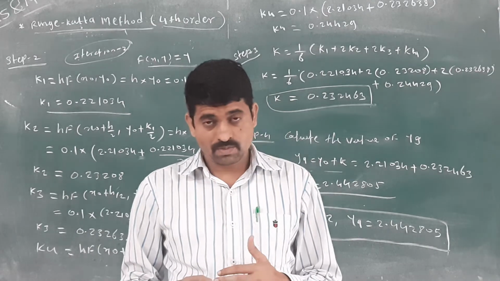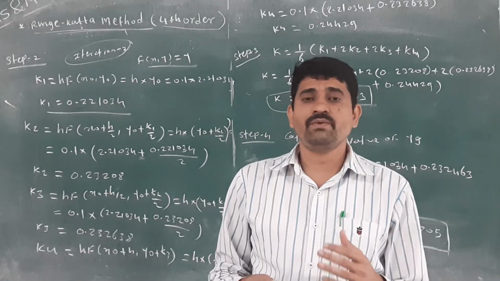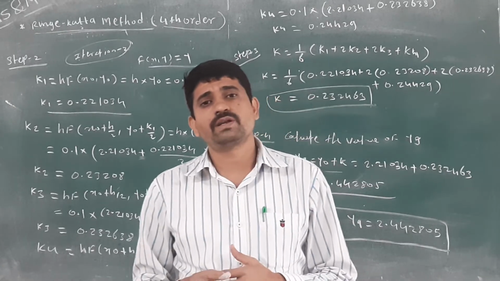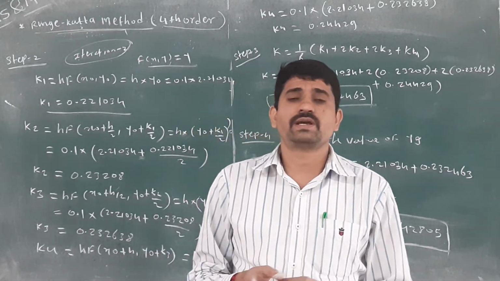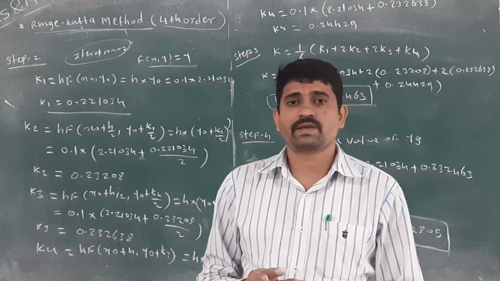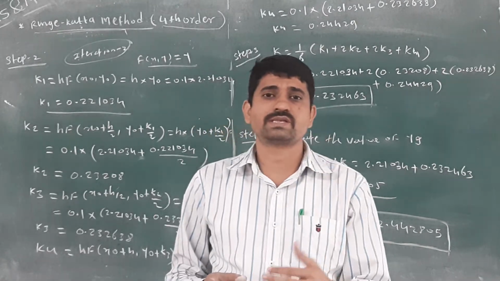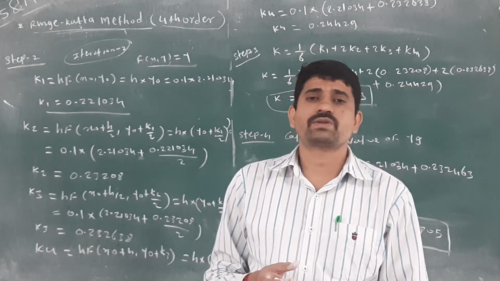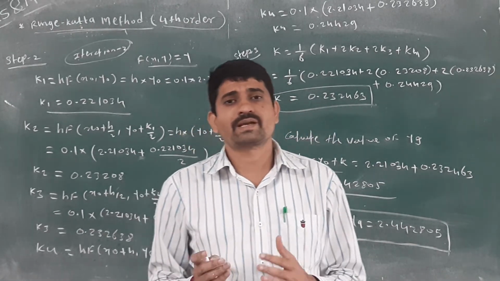With the help of that you can calculate the weighted mean. Once you have calculated it, you can calculate the yg value with the same formula, yg is equal to y0 plus k. Then you will get the new iteration. Again you have to use the same procedure and find the value of yg for the given value of xg.